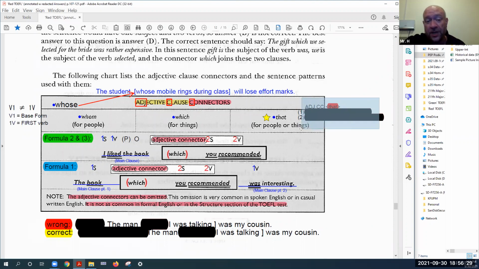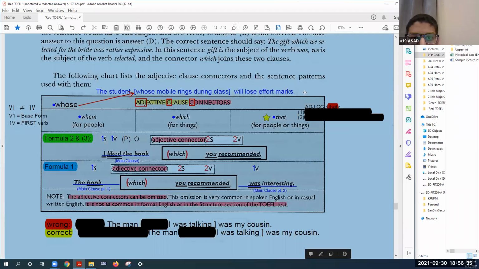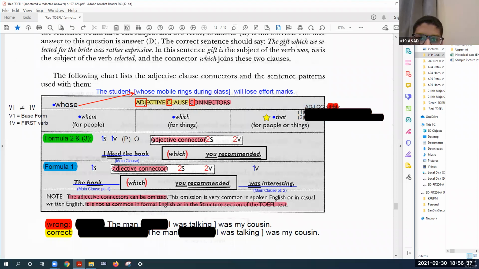So now there is another special rule you should know up here. What do you see up here, Assad? Adjective connector. Yeah. That. This connector has a special rule. Can you read what it says? Never follows a comma.